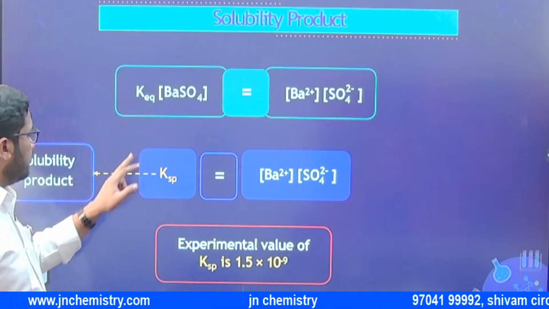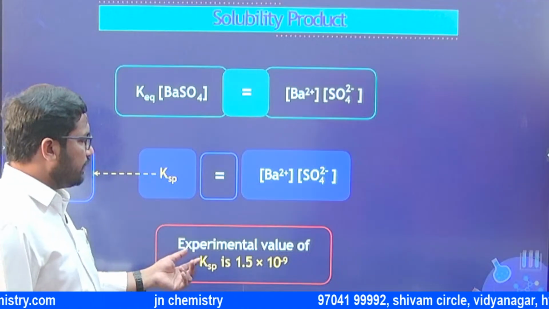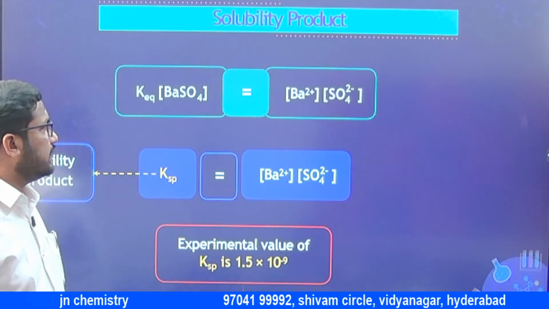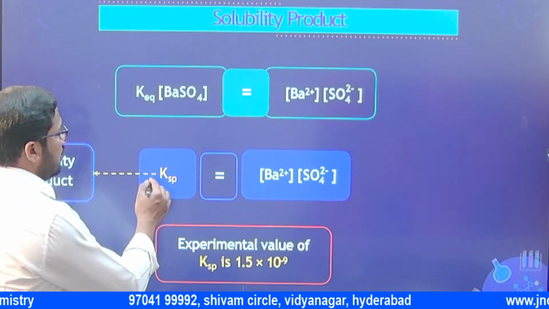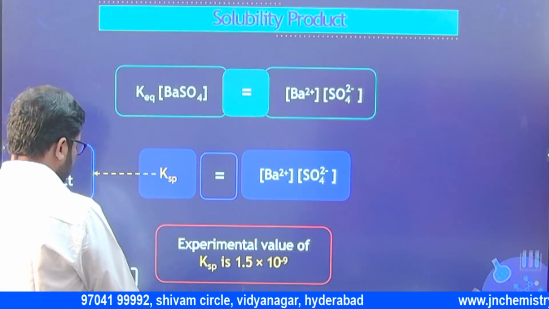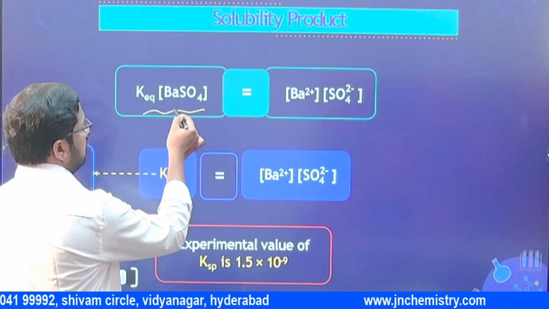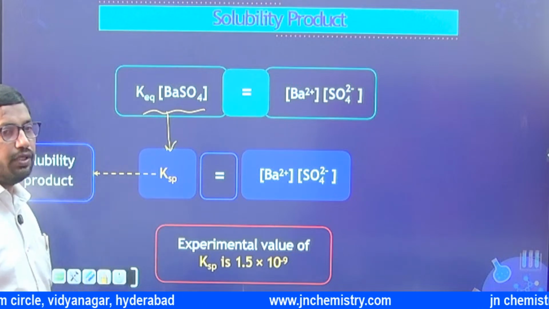So this K is nothing but the solubility product, Ksp. The experimental Ksp value is 1.5 into 10 to the power of minus 9, because these are constants. This we call Ksp, the solubility product.